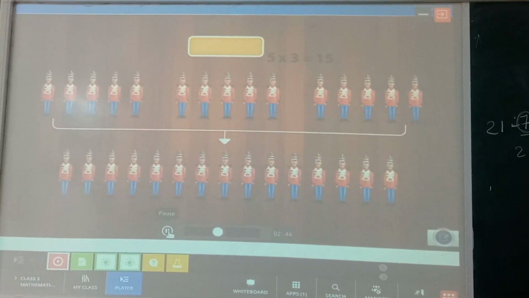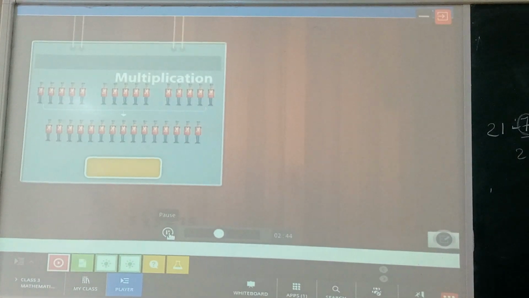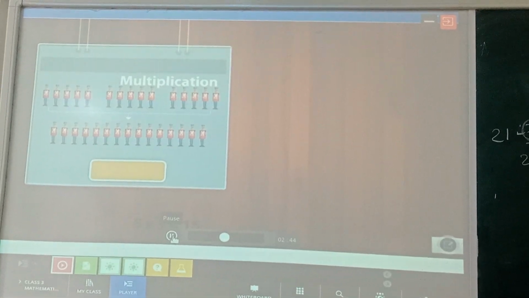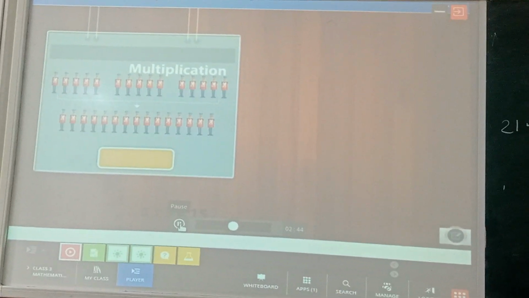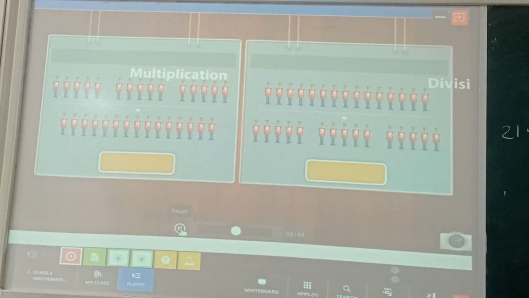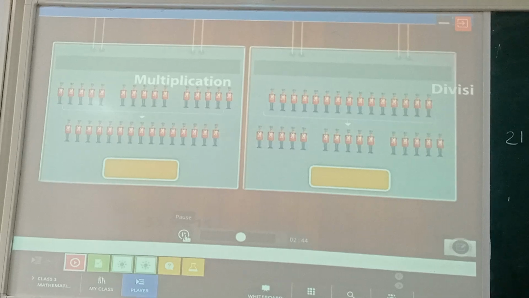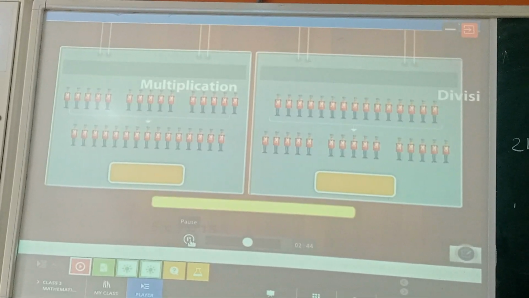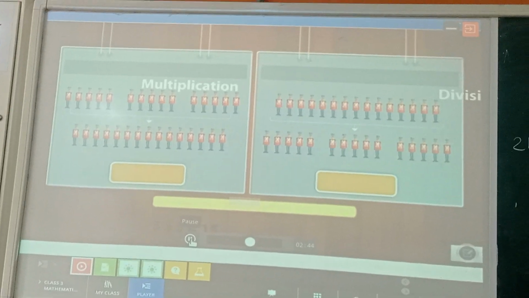Here is the interesting thing. In multiplication, you start with 3 groups of 5 and join them into one group of 15. And in division, we start with a big group of 15 and break it up into 3 groups of 5. You see, Pasha, division is just the opposite of multiplication.